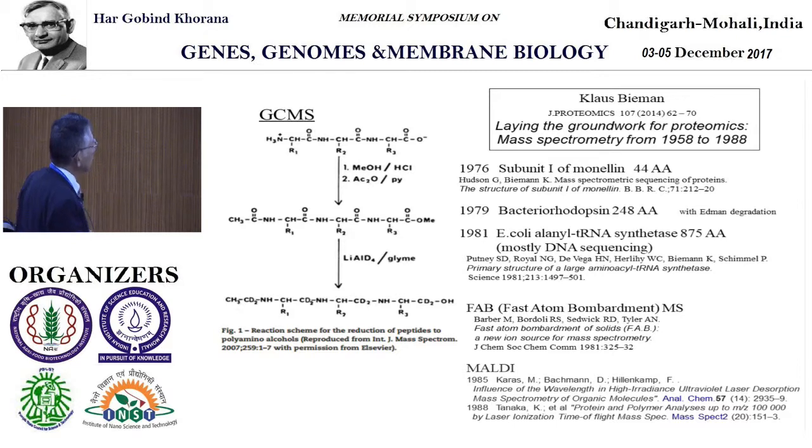But then in 1981, fast atom bombardment MS came out, so GCMS was no longer used. These days, we use MALDI, or matrix-assisted laser desorption ionization, for protein sequencing.